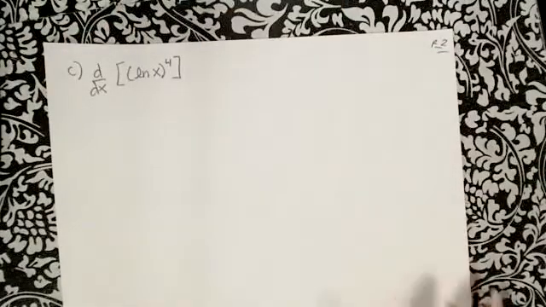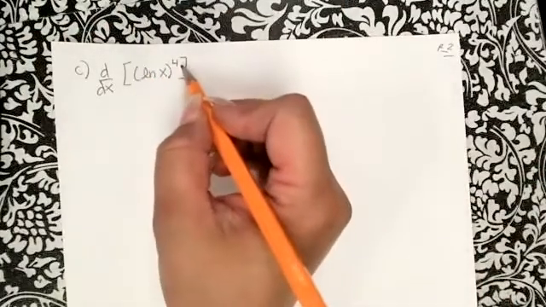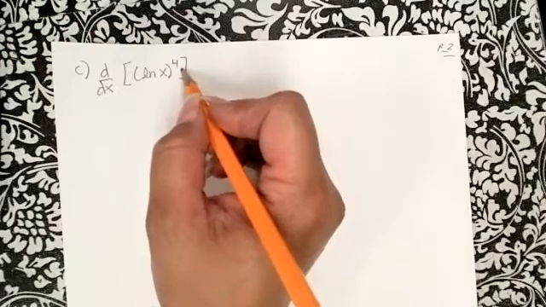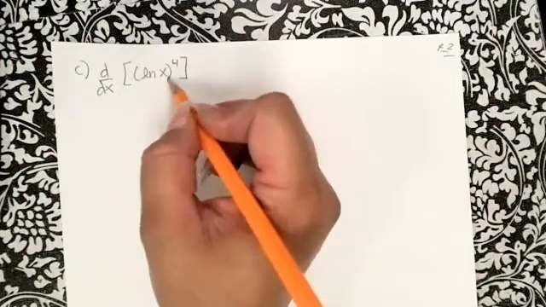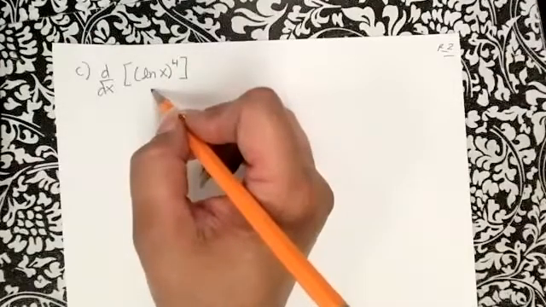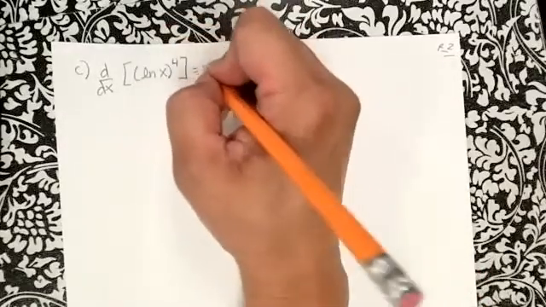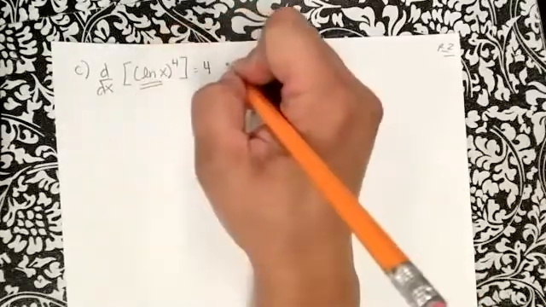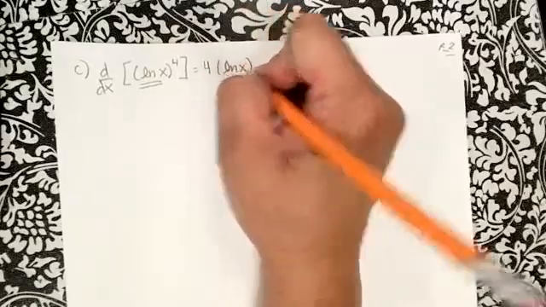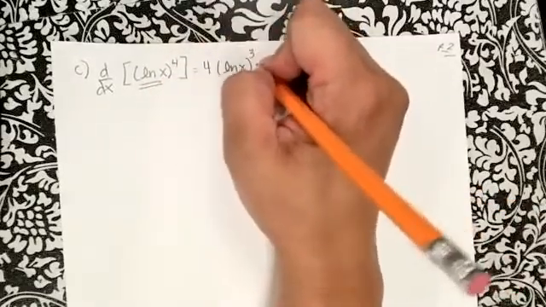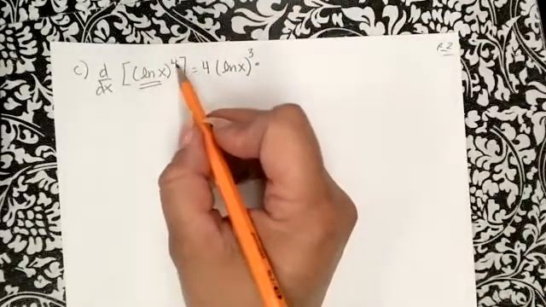On this one, as you can see, always start off with the outside. You're going to end up doing the chain rule here, as well as taking the derivative of natural log of x. So when we start off with the chain rule, you bring the 4 down to the front, keep everything inside the same, and decrease the power. I just took care of the outside.